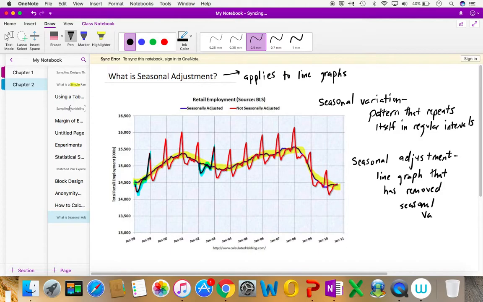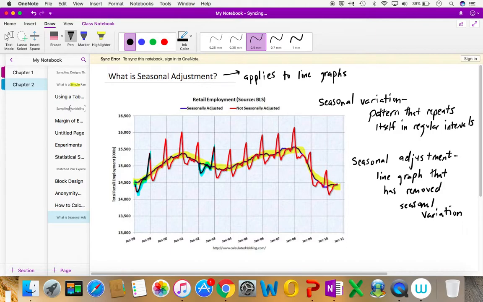Now we can start to look at the big picture. We can look at the real reason why employment is increasing or decreasing. So let's analyze that line. In 1998, our employment is roughly 14.5 million. Then it jumps up to almost 15.5 million in January of '01, and we see a dip here in January of '04.